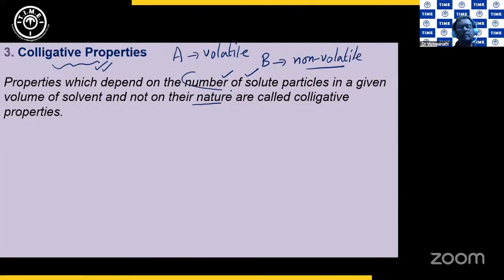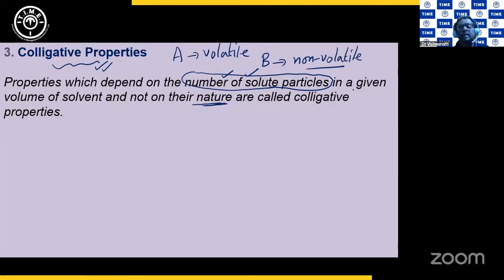Only the number of the solute particles. Solute particles could be anything, right? Could be any solute. It need not belong to only an organic substance or any substance for that matter. It only depends on the number, not on the nature, not on the type of bonding that the solute has. Clear?